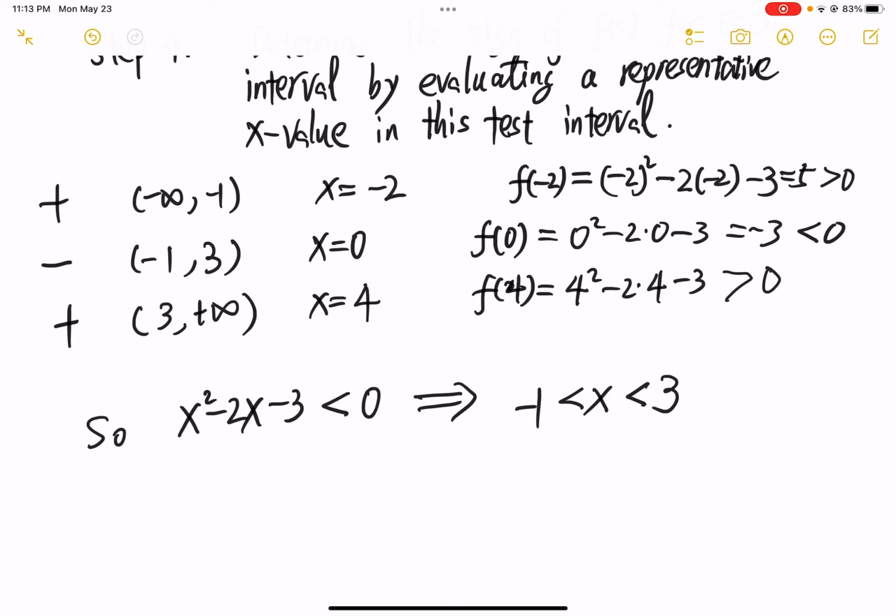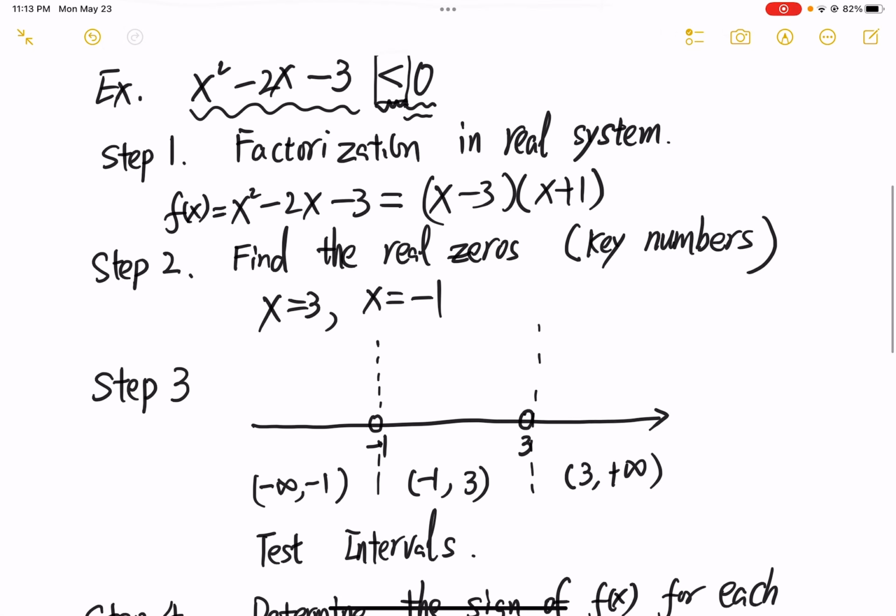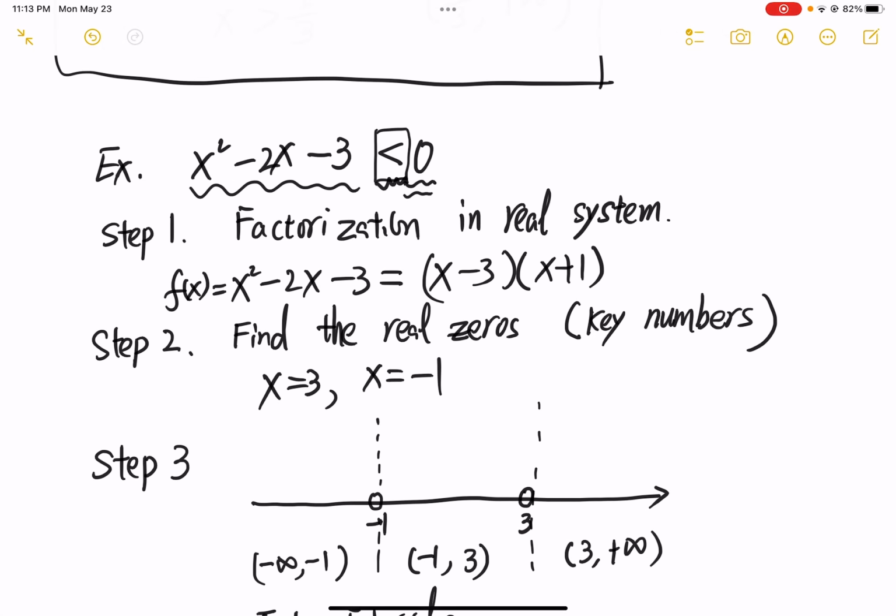Okay, so this is one way to solve nonlinear inequalities. We should make the right side of the inequality 0, then let the left side be f of x.